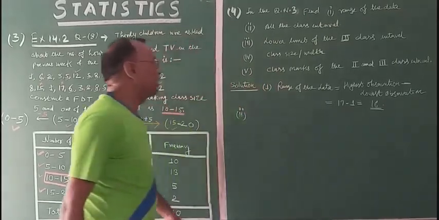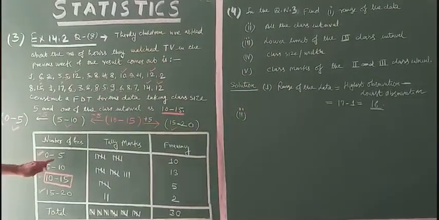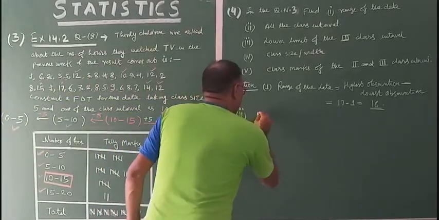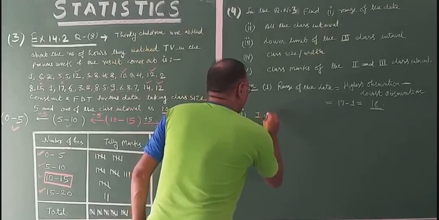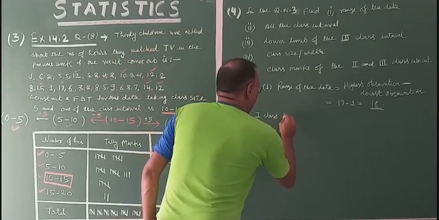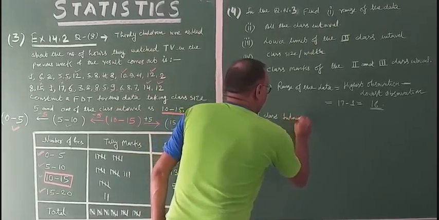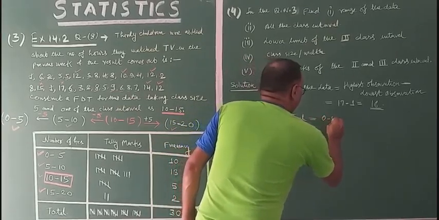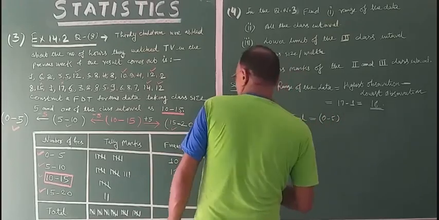The second part, all the class intervals. These are the class intervals. First class interval 0 to 5. Okay.